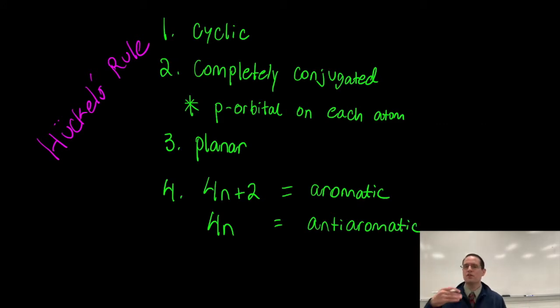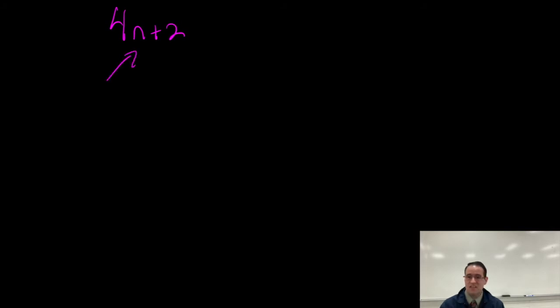And if any of those rules are broken, it doesn't fall into the 4n categories, as an odd number of electrons, for example, it's going to be something other, okay? Now let me explain to you what the 4n plus 2 is, okay? n is any integer.